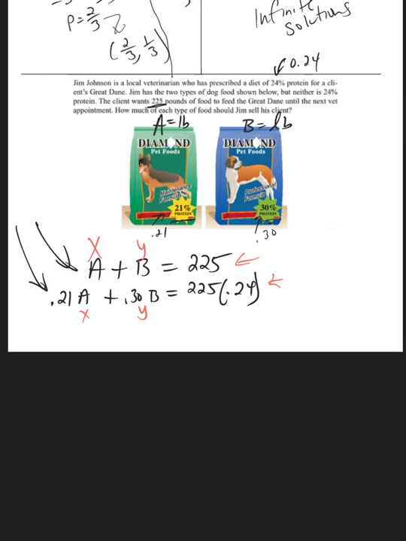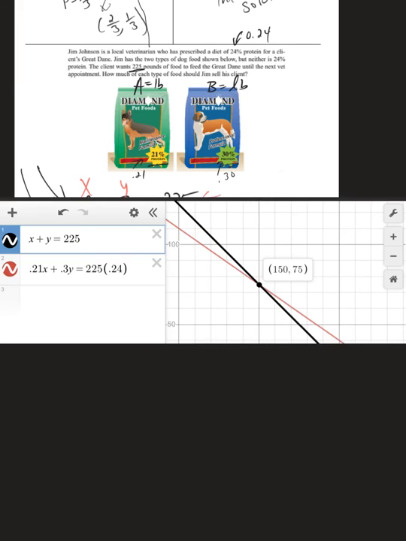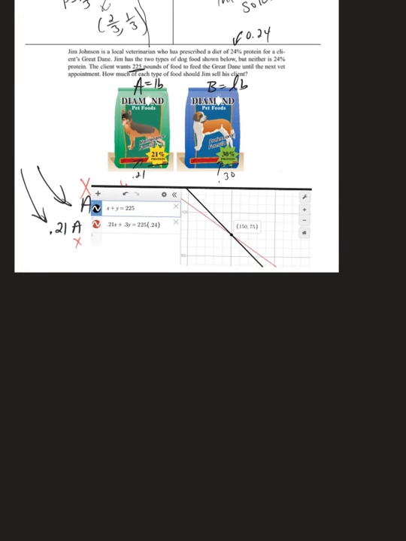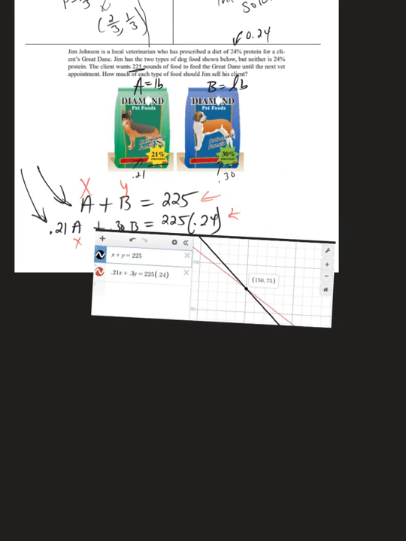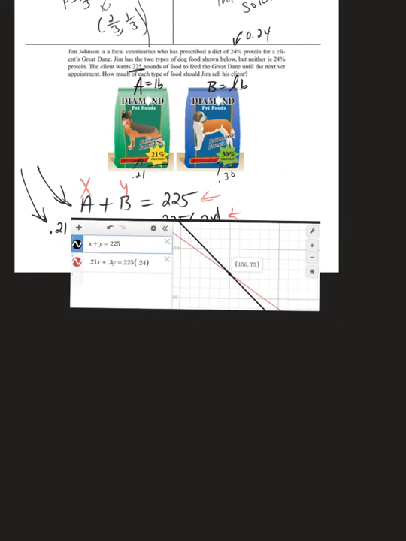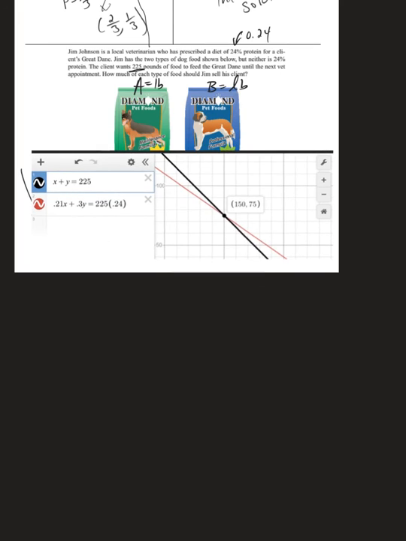So I went ahead and I put this in Desmos, and I'm going to add the picture now. Here it is. Notice that I used X and Y instead of A and B, and I put these into Desmos, and I tapped to find what the solution is.